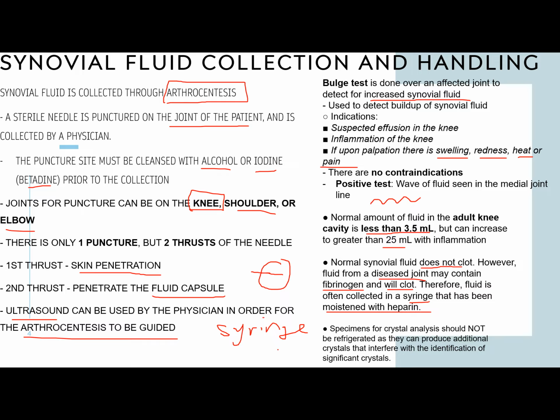The reason for that, class, is some cases na kapag merong inflammation, there's infection, there would be fibrinogen. And fibrinogen, class, will cause your synovial fluid to clot. So to prevent this, they would use anticoagulants, specifically heparin.